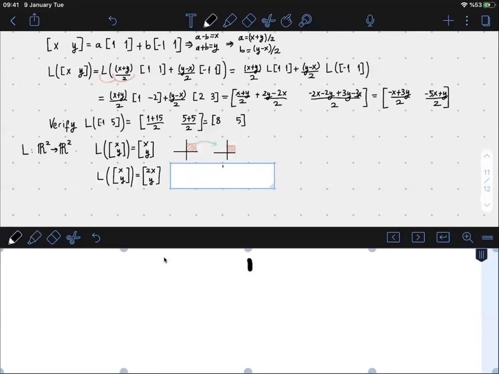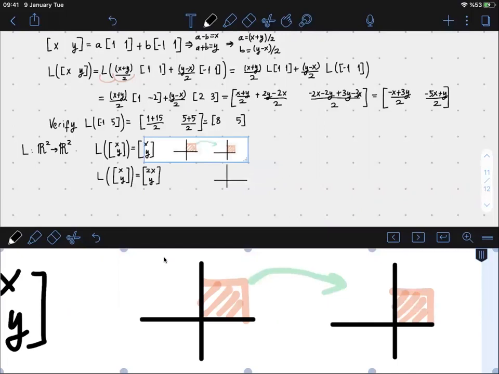Let's draw it. Okay, this is good. So what does this transformation do, guys? If I take this square, it takes this vector and this vector to which vector?